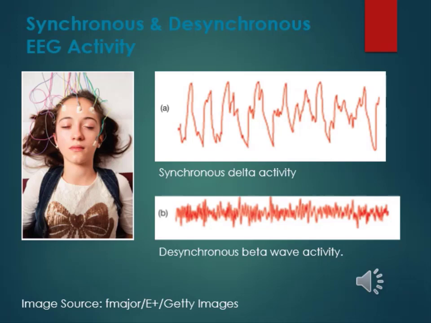And in the case of B, neurons are active at different times, and their electrical messages are desynchronized and appear as small chaotic waveforms without any clear EEG pattern.